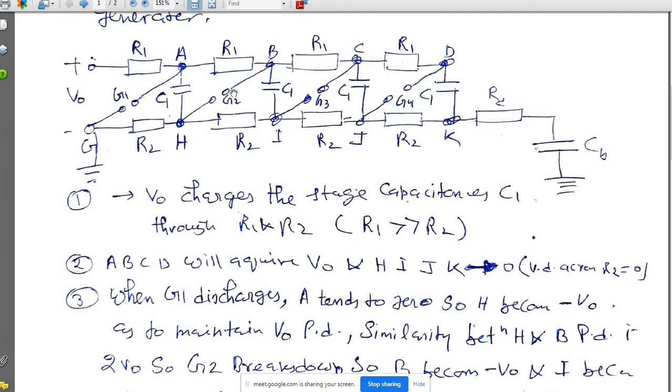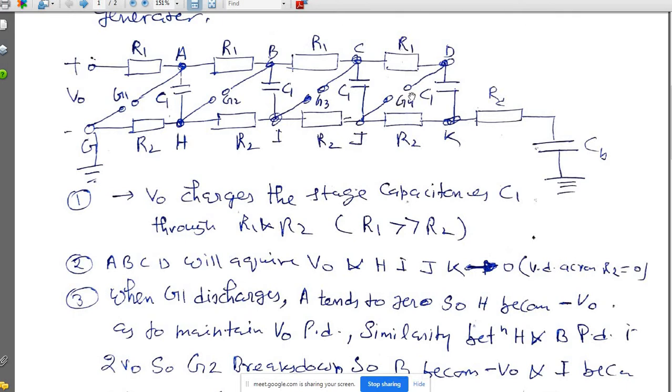After this gap breaks down, the minus V0 potential shifts to point B, and to keep the potential difference V0, I should be minus 2V0. Similarly, when the next gap breaks down, minus 2V0 shifts to C, and J becomes minus 3V0.